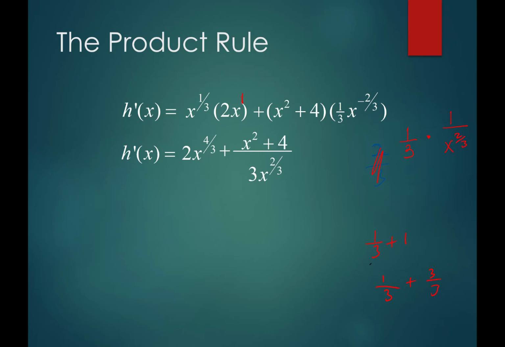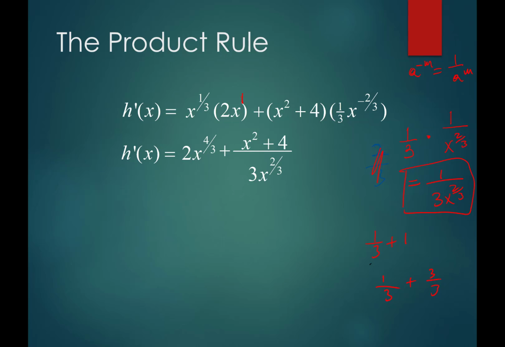I remember that a negative exponent, x to negative m, is 1 over x to m, so I can bring that down to the denominator. Multiplying the numerators, that gives me 1 over 3 times x to 2 over 3. That is my expression, and that is why at the bottom I have 3 times x to 2 over 3.